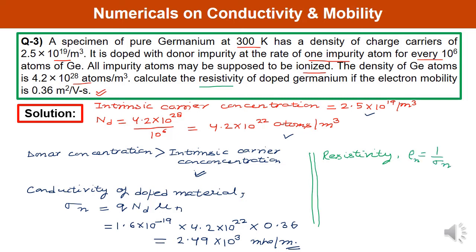If we are talking about the donor atoms, this would be 1 upon 2.49 into 10 raised to the power 3. You will get 0.413 into 10 raised to the power minus 3 ohm meter. This is rho n, the final answer which you were required to calculate. I hope it is clear to you.